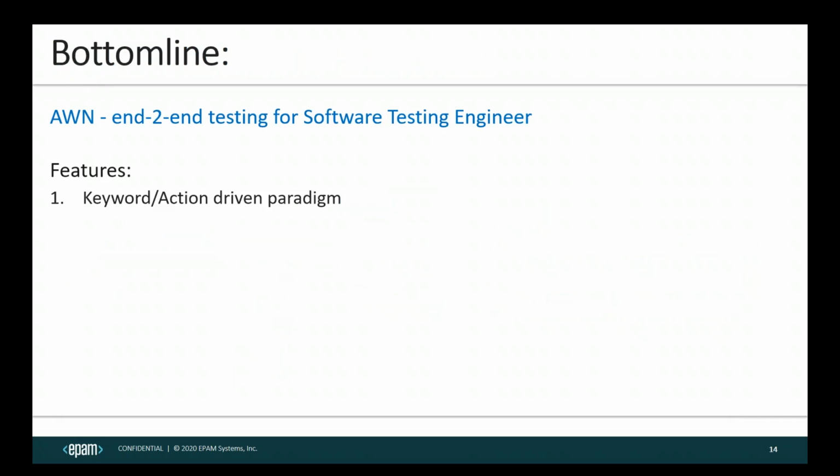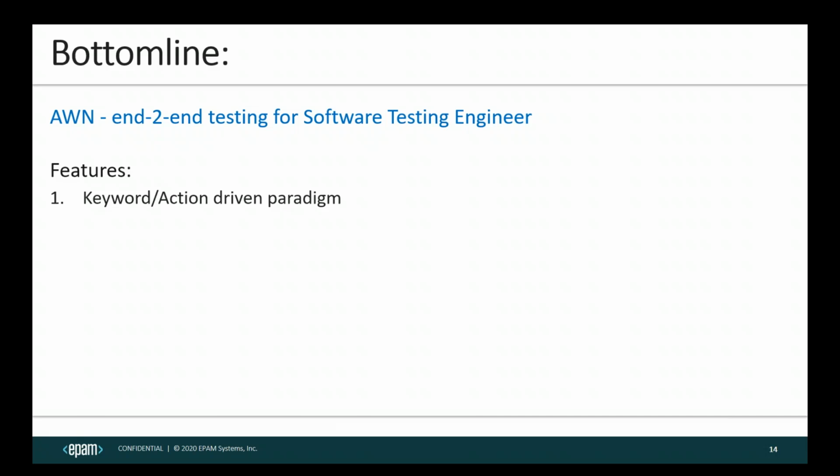So, it's the last slide, the bottom line. We just scratched the surface to get an idea about the AWN framework. And here are some important details to remember. It's action driven. One action could be used in many test cases. We already have a lot of actions like DB request, read file, HTTP request, and so on.